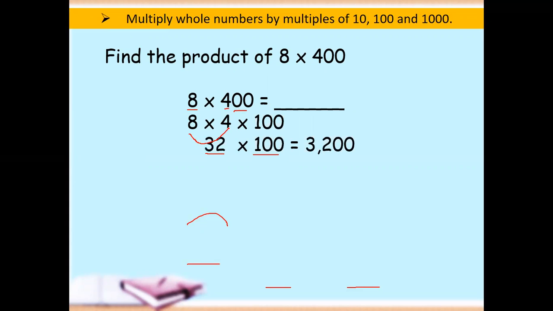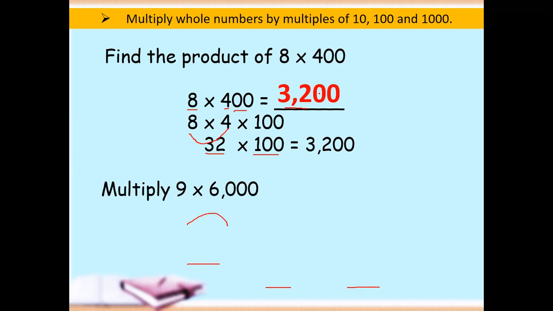It is 32 times 100. So 32 times 100 is 3,200. Okay, so remember 8 times 4 is 32, and we have two zeros, so you add two zeros after the 32.